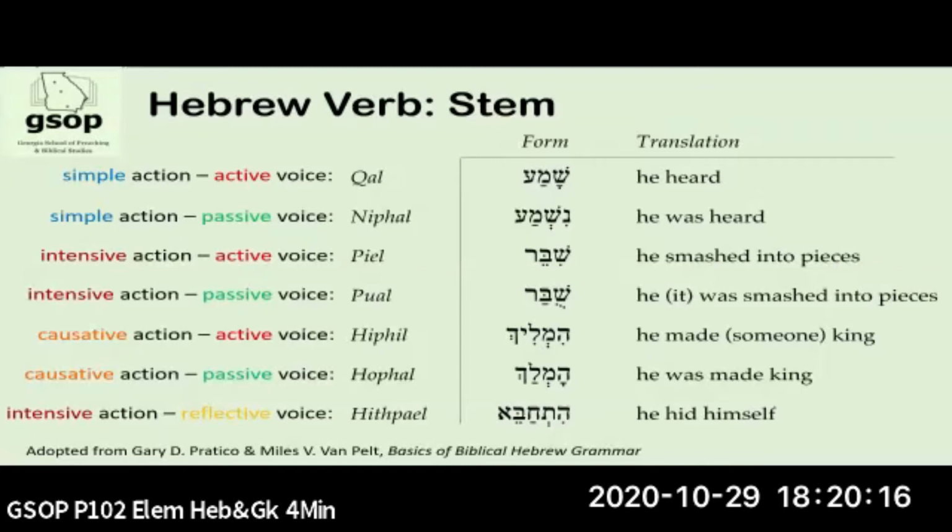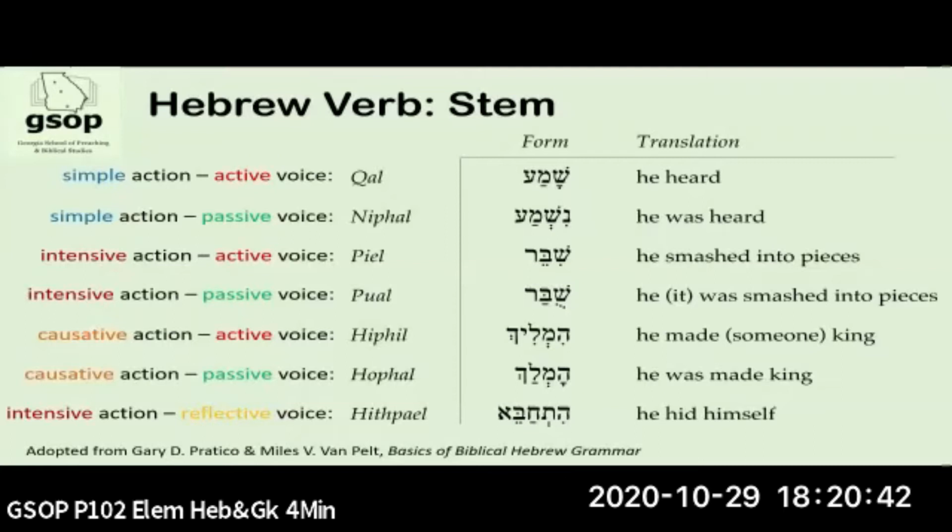You see the vowel pattern. It sounds like hifil. There's the himlik, the vowel pattern with the hirik underneath the hey, the very first word, and then the hirik underneath the lamed. Well, that's the vowel pattern for hifil. And so we have the word, in this case, himlik.